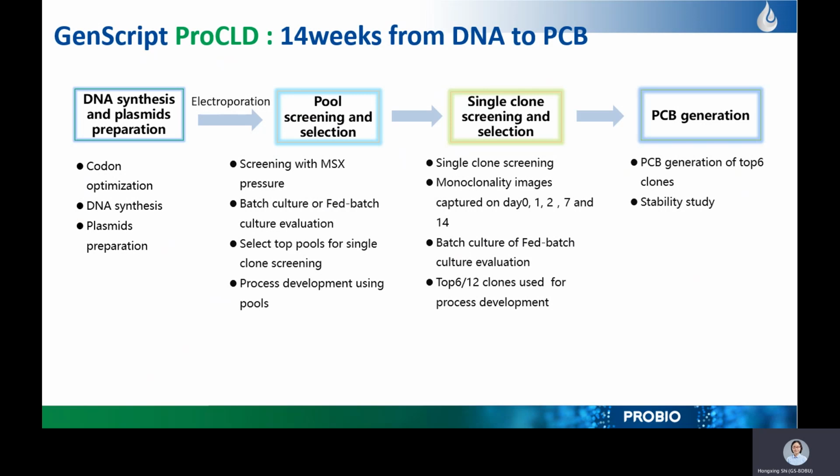The 3rd stage is single clone screening and selection. In this stage, cells are plated into 96 well plates and images are captured. Preliminary evaluation using the platform solution will be used to select 6 clones for the fourth stage, which is PCB generation.